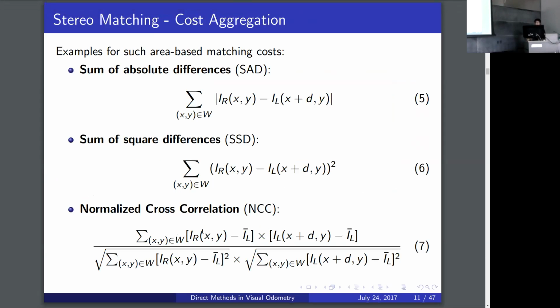There are other area-based matching costs. The first two are fairly self-explanatory: the sum of the difference when you square it. The normalized cross correlation is a bit more involved, because it wants to reduce the effects of the lighting conditions on the two sets of images.